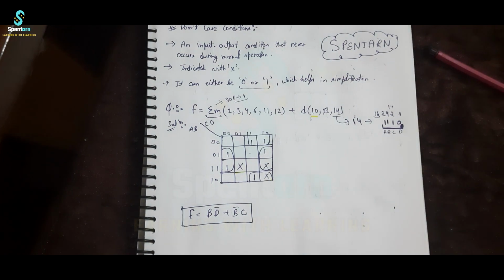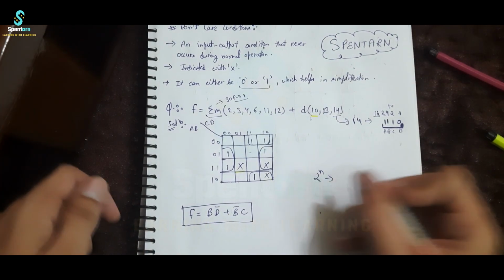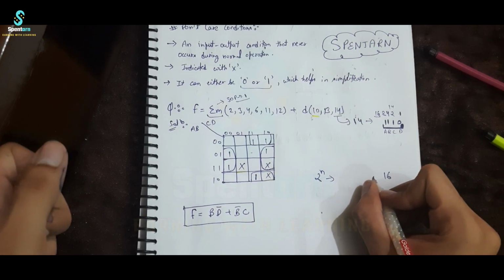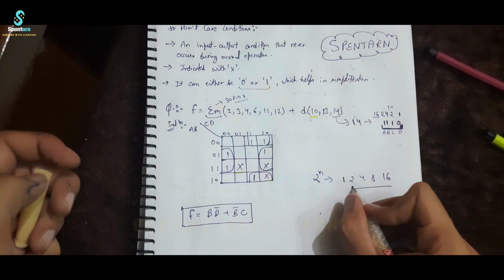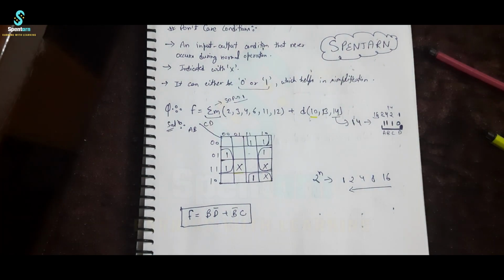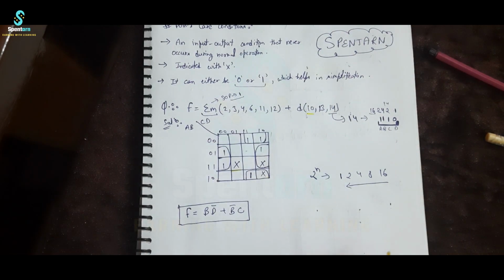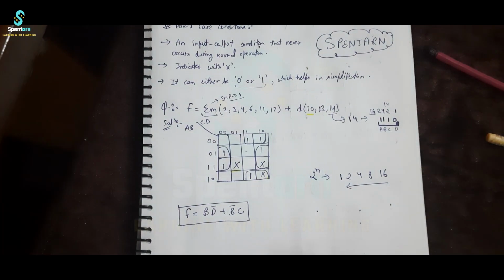Now we have to make the group of maximum elements, as I have earlier told you that it is the 2 to the power n group of elements or cells we have to make. So we will be starting from 16, then 8, then 4, then 2, then 1. We have to move in this direction. Now in case of 16, it is not possible to make the group of 16. We do not have each cell as 1 or X, right?